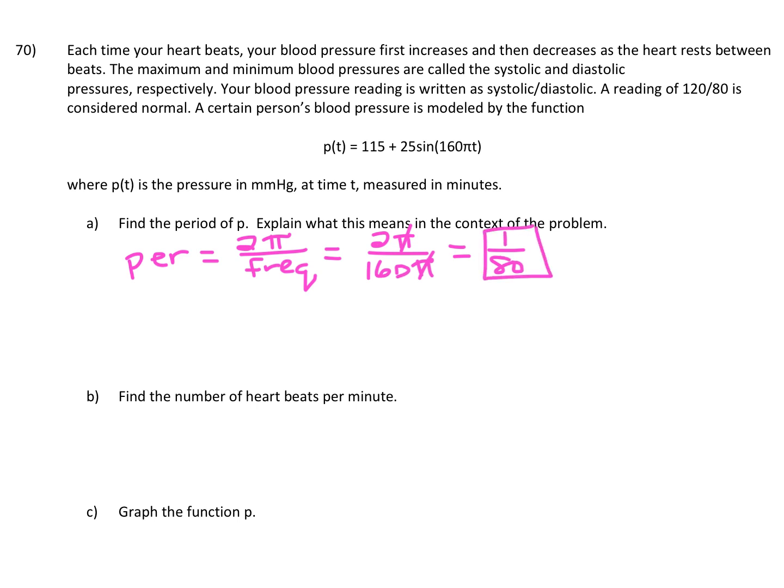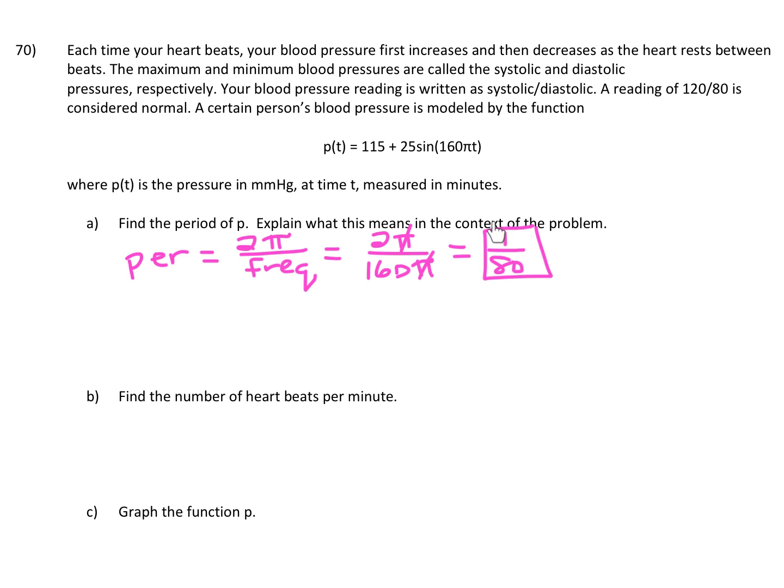Now they want to know, what does that represent in the context of the problem? Okay, so when you go back and read it, it is talking about blood pressure, but it says each time your heart beats, it describes what happened, right? Your blood pressure increases, then decreases. Now, the period is representing how long it will take for your heart to beat.